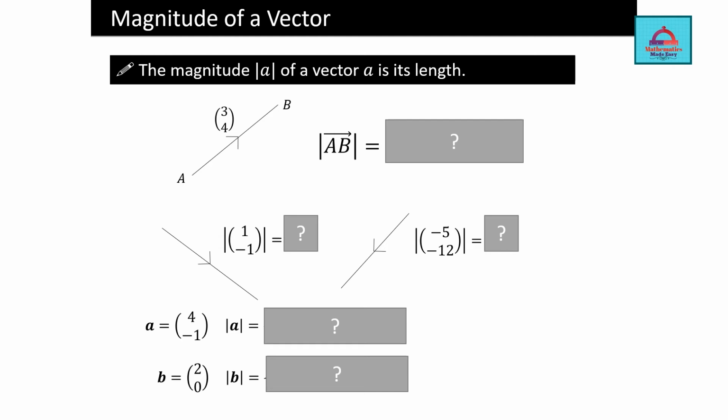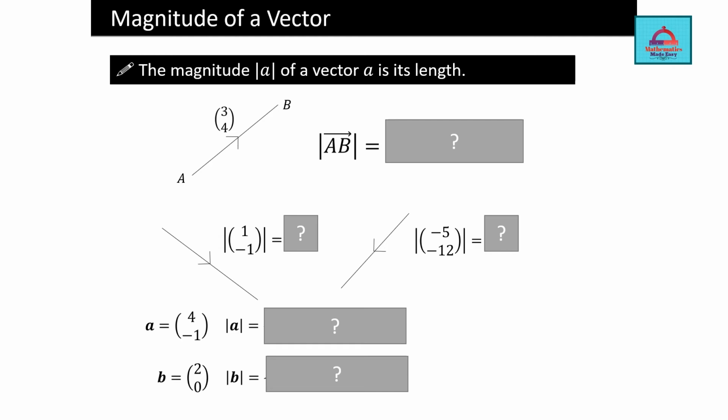Okay, magnitude of a vector now. The magnitude of a vector can be written by putting bars around the vector, and you measure its length. For example, from point A to point B you have a vector AB with x component 3 and y component 4.